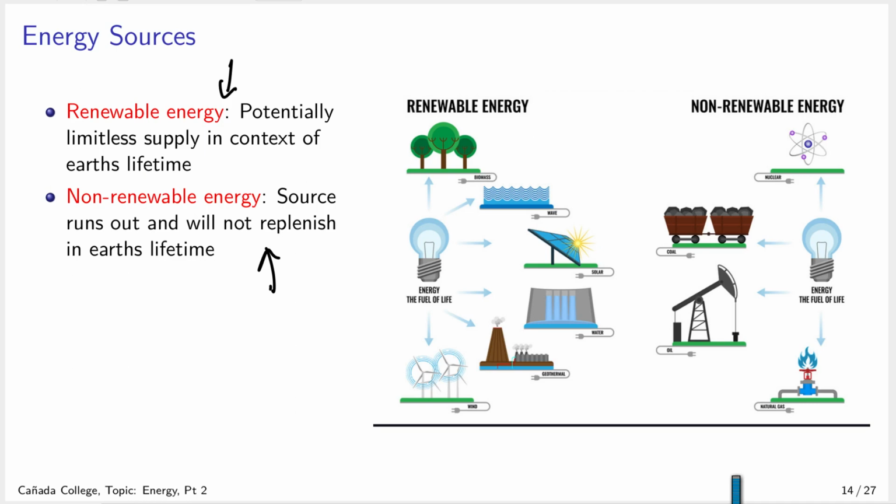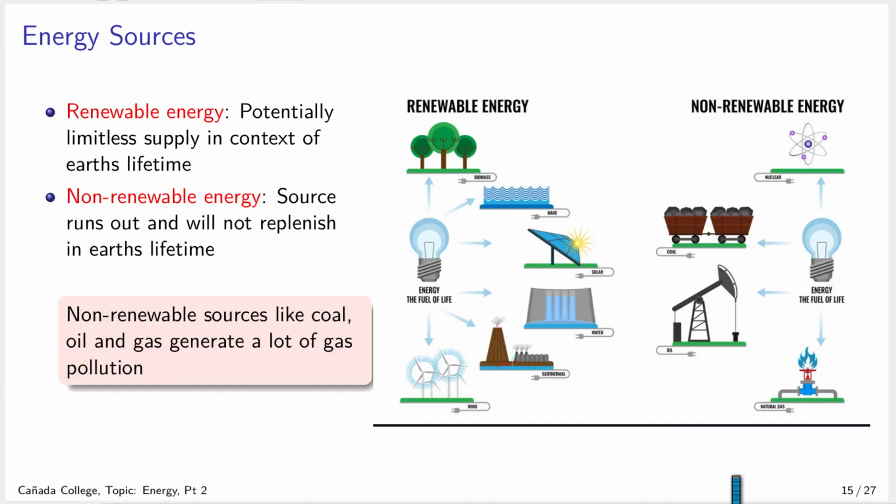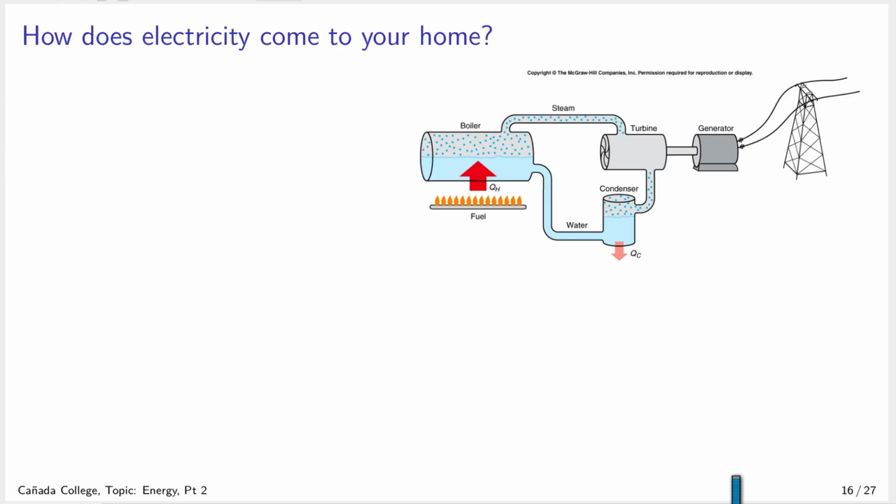Okay, so that's the way we think about renewable and non-renewable energy. Now it turns out that things like coal and oil and natural gas are non-renewable, and that means as we are using them up, there is no way they are getting refilled, and so at some point there's a danger of running out of them.